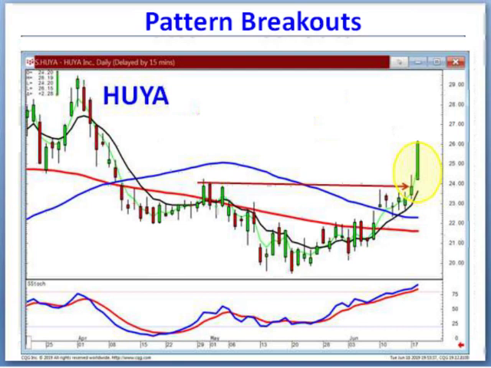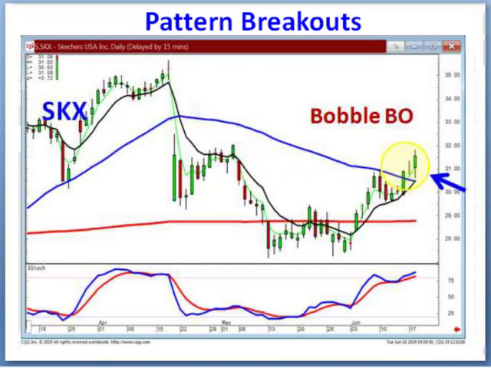Or a bobble breakout, which is a more defined J-hook pattern. You can see how it came right up and failed at the 50. Even if you missed this move and you saw this setup, you knew exactly where to buy.